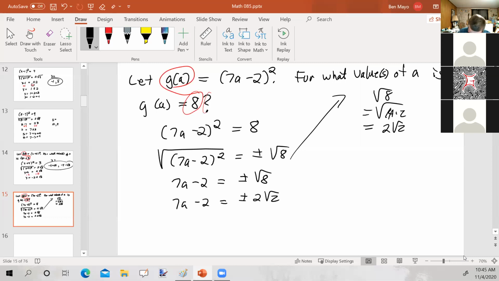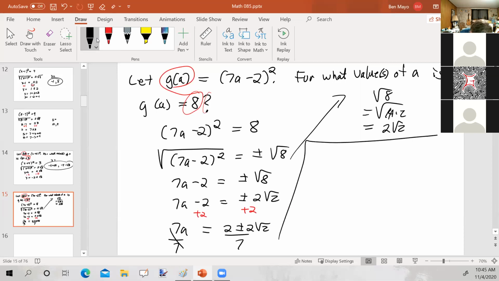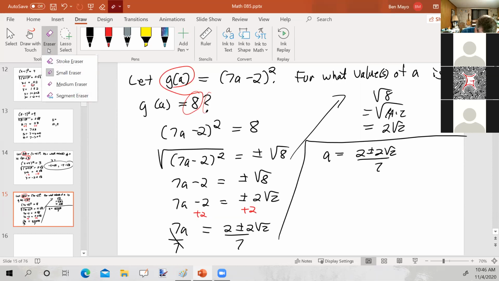All right, now, next I'm going to add 2 to both sides. So I'm going to get 7a equals 2 plus or minus 2 square roots of 2. Next, I'm going to divide both sides by 7. So I'll get a equals 2 plus or minus 2 square roots of 2 over 7. That's supposed to be a 7. It looks like a 2.